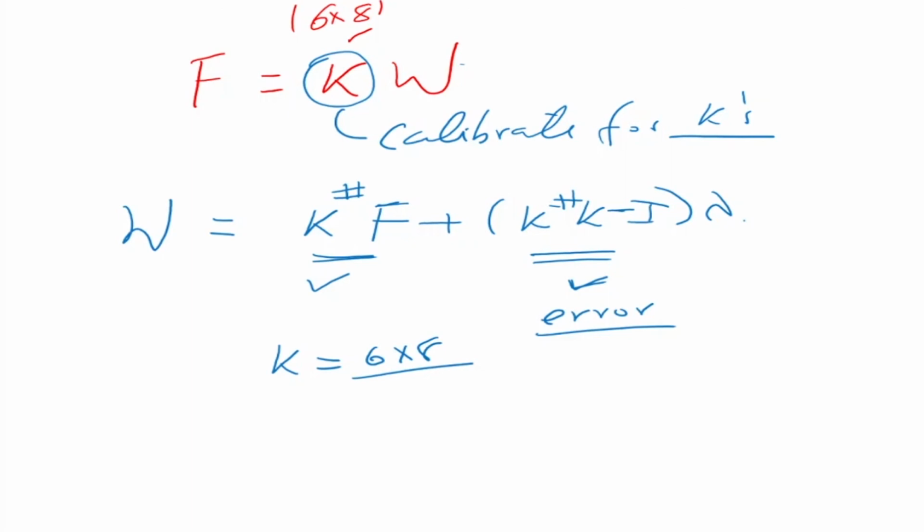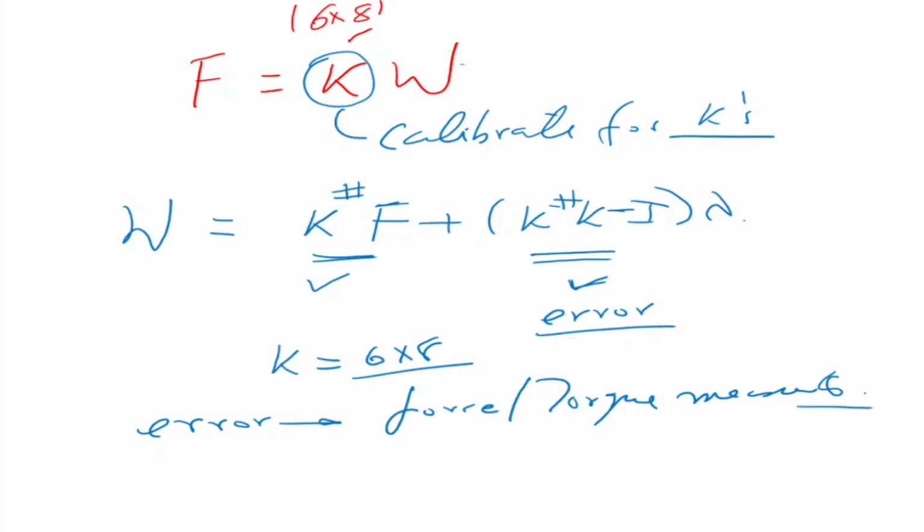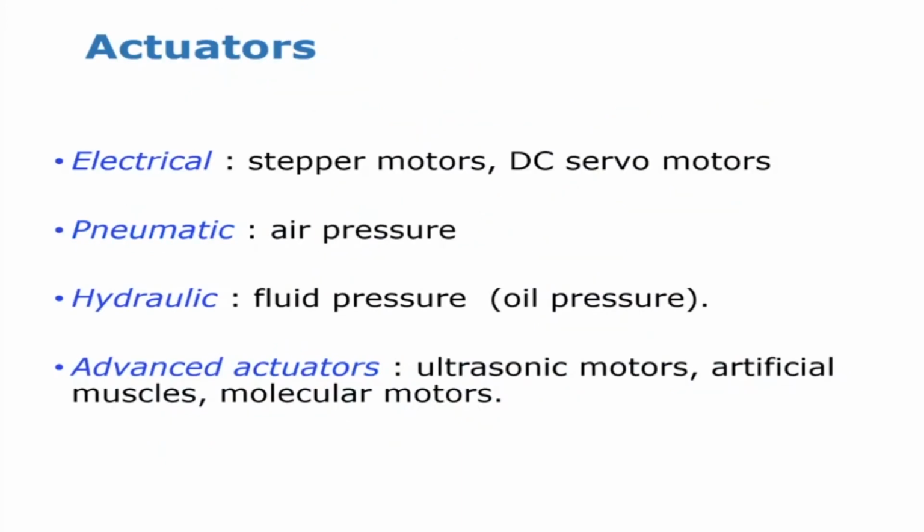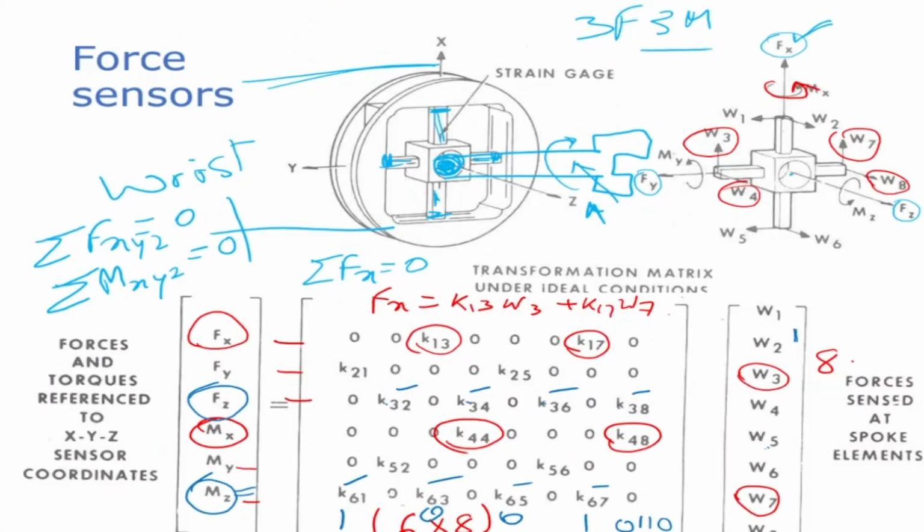Something to remember here is that there is always error associated with force measurements, force torque measurements. Why? Because you will not be able to calibrate and find the values of K exactly. Because of this problem that for Fz and Mz, there are 4 combinations which are possible, and any of those 4 could give you the same result.